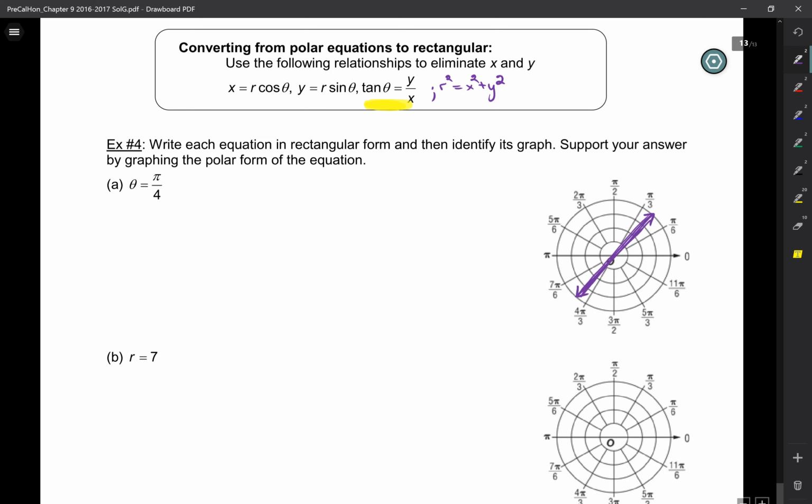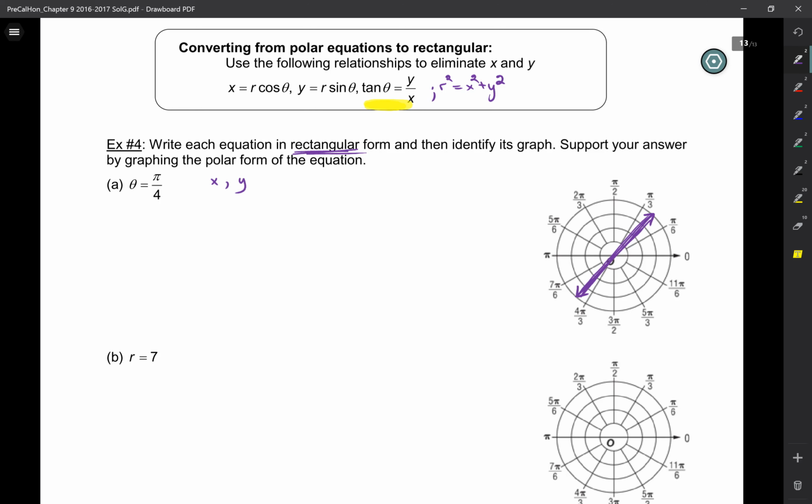All right, now, I need to write this in rectangular form. In rectangular form means I need x and y, okay? All right, now I have theta, that's fine, but what I really need to go to x and y is tangent of theta.